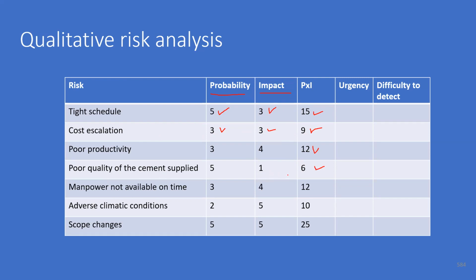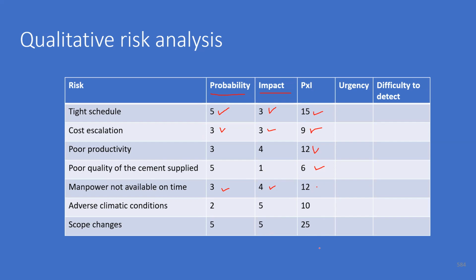We can always get a replacement for it. Manpower not available on time, probability is 3, impact is high. So cumulative P times I is 12. Likewise, we get a score for each risk, and we can have a norm like anything 10 or above, we will manage.